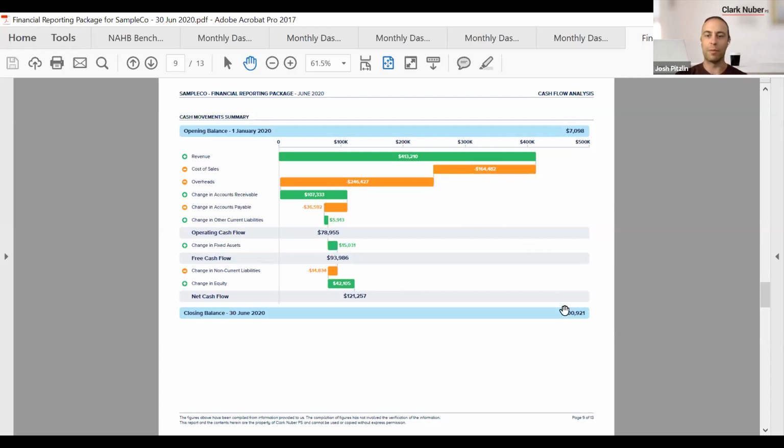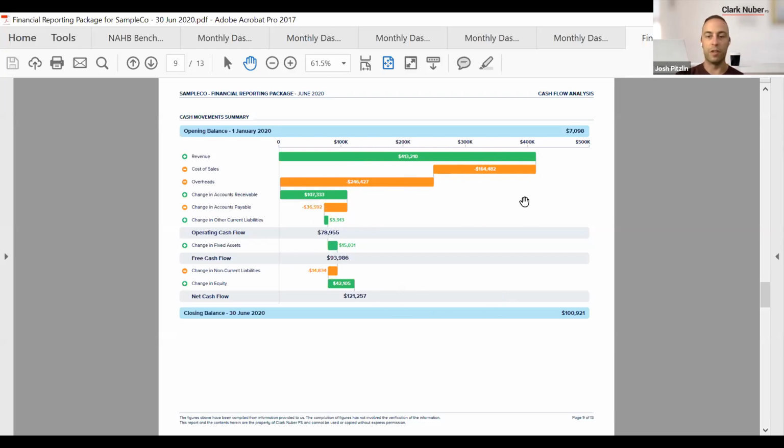How did we only end up with $100,000 in ending cash? It really shows you visually, okay, this amount was from revenue, then we spent it on COGS, then we spent it on overhead, then we gained some more in how quickly we were collecting our accounts receivable, then we lost it in how quickly we were repaying our accounts payable.